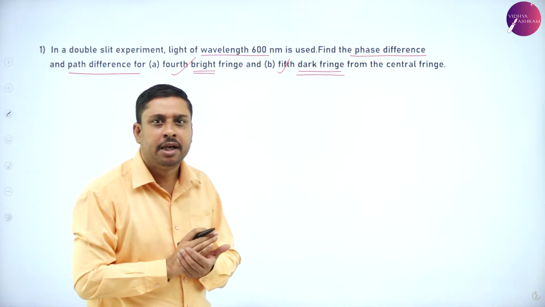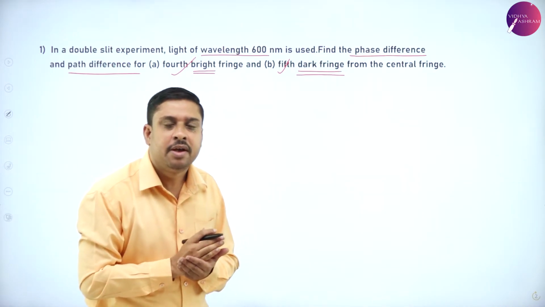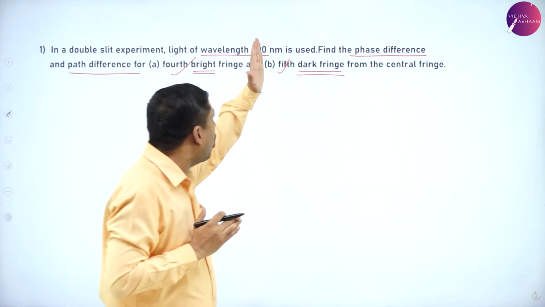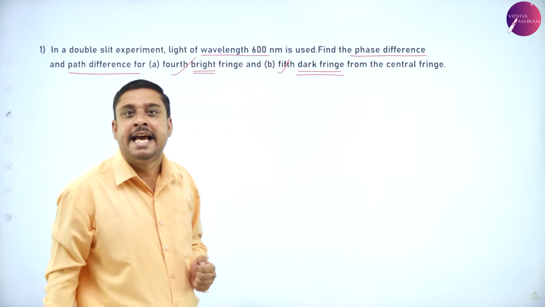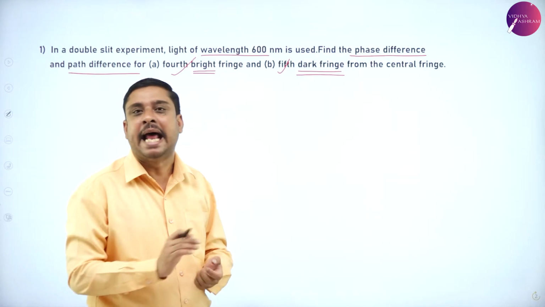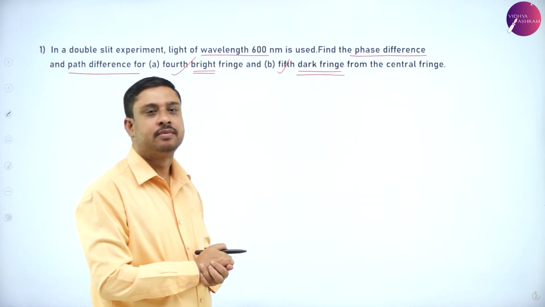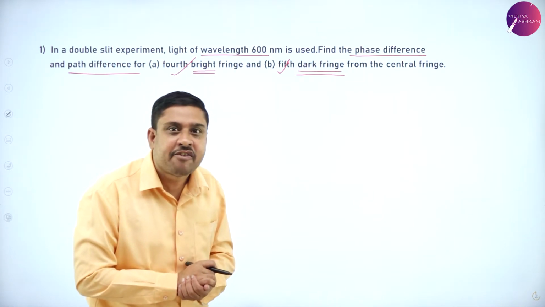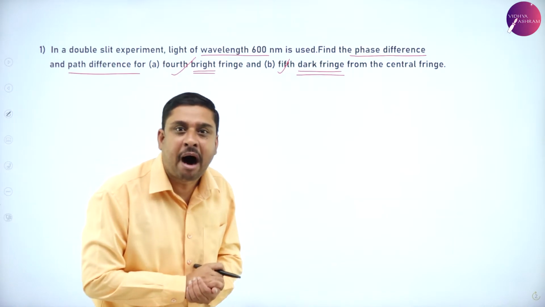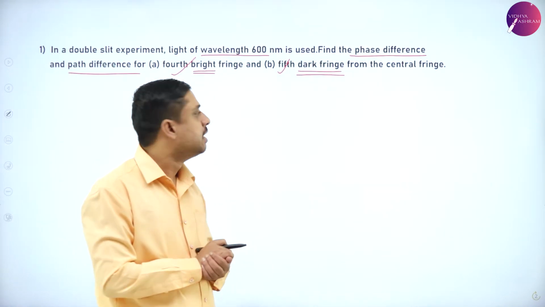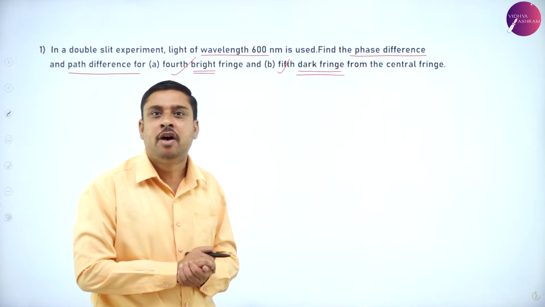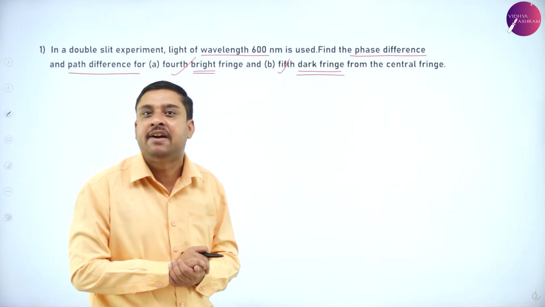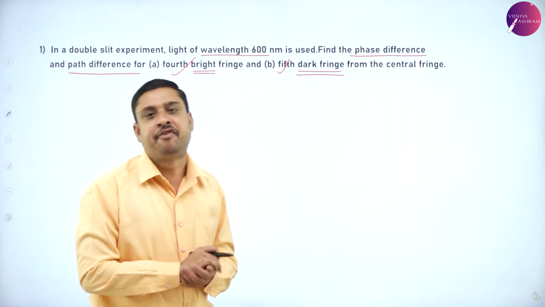So, in the problem, we are using light whose wavelength is 600 nanometer. I have to find the phase difference and path difference in case of fourth bright fringe and fifth dark fringe.